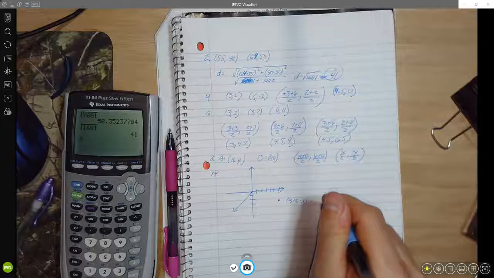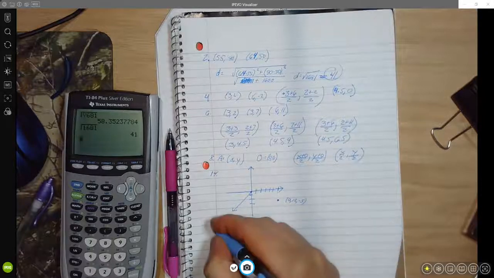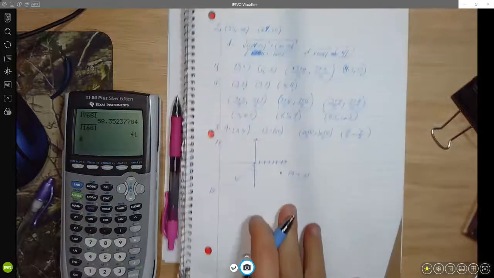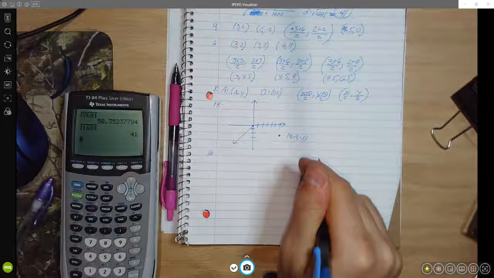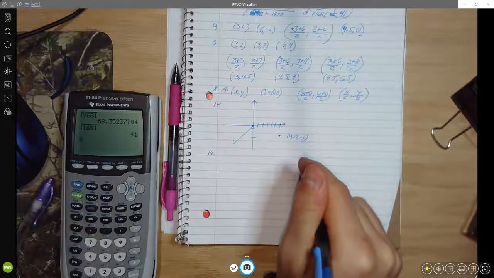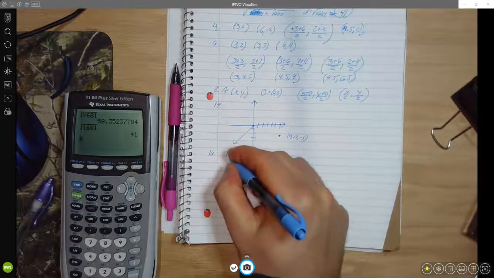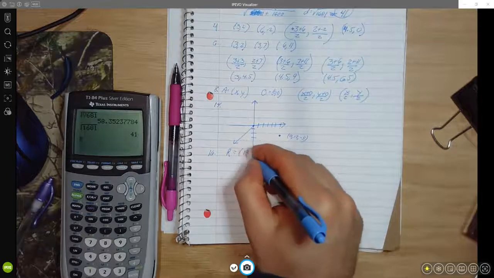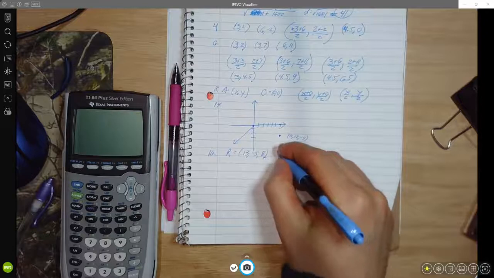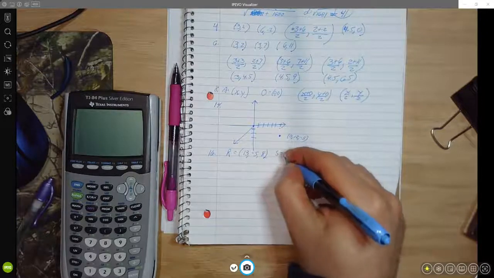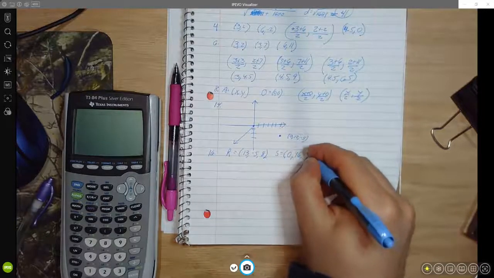Okay, number 16. Two points are given. Find the coordinates of the midpoint of the segment joining them. Find the distance between them. All right, so we got R, 13, negative 5, 8, and S, 0, 16, negative 3.